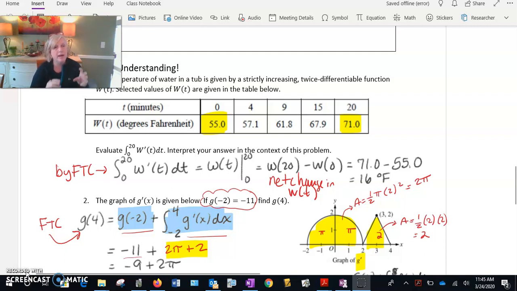It's where I am is equal to where I was plus where I started. So you always want to remember to include that if they haven't defined g of x as just the integral or the accumulation function. Typically g of x is going to be the function with the constant added in, which means you have to add in the initial condition for that.